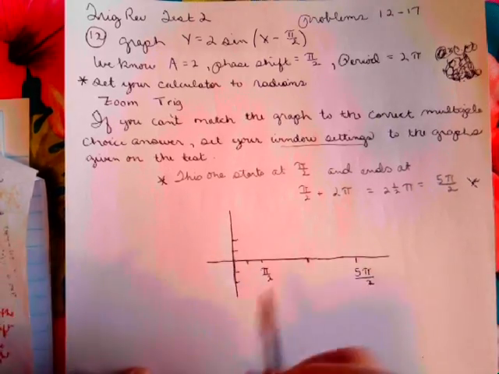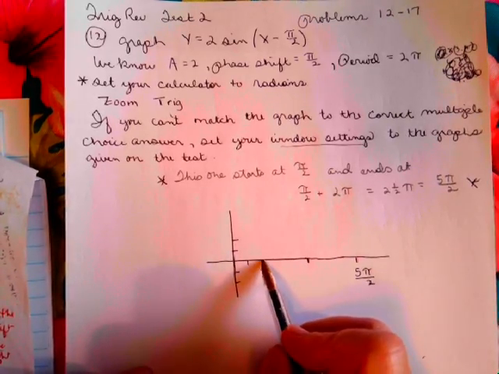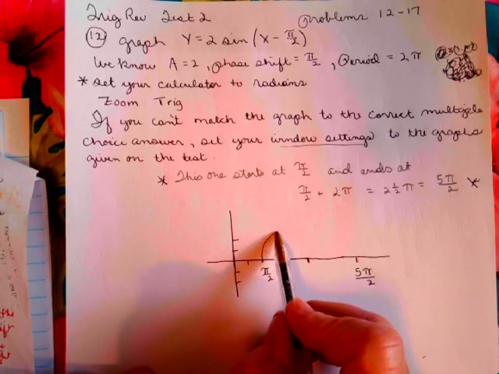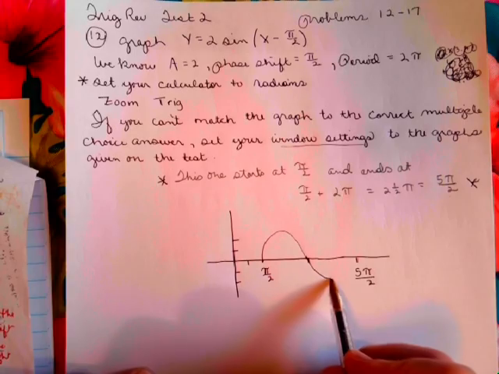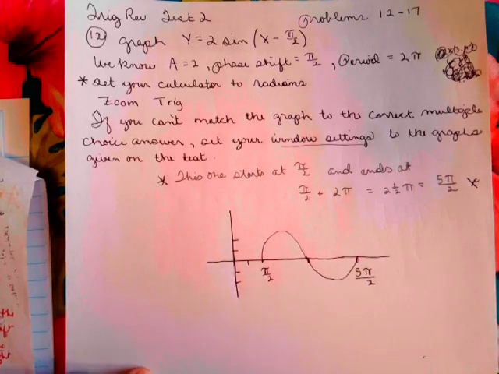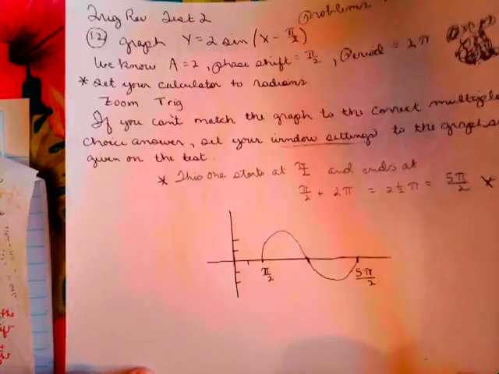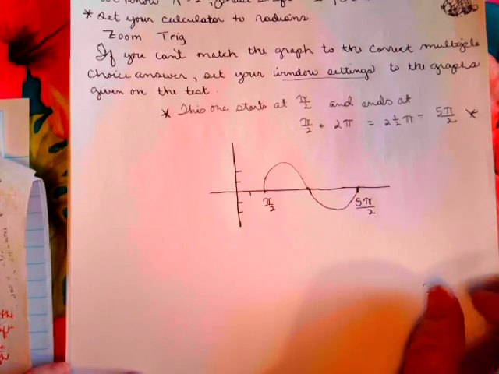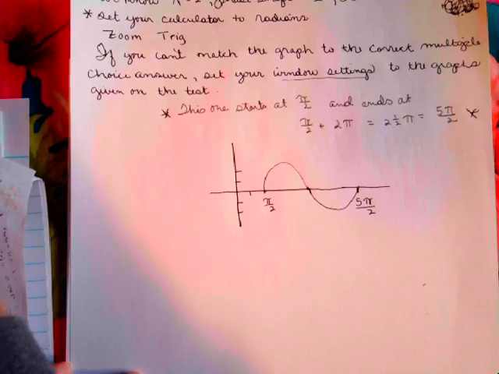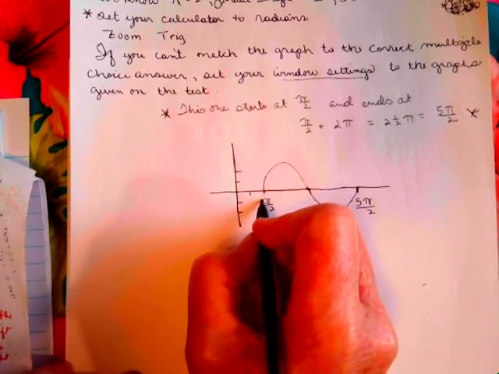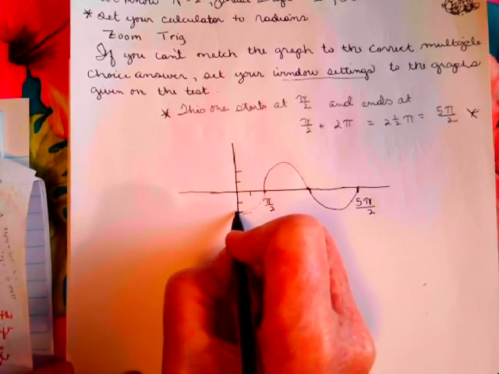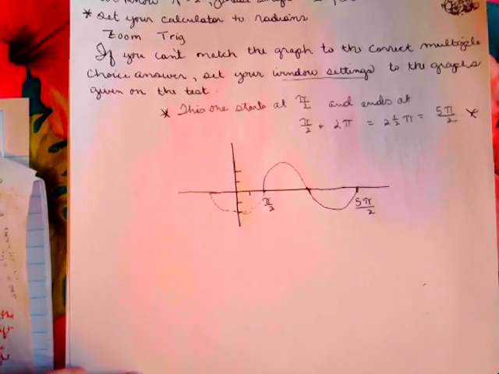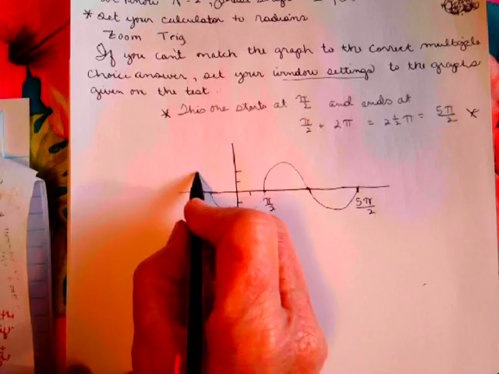It will continue on in both directions, but at this point, 5 pi over 2, you should see one complete period. I think with that much information, you should be able to choose the correct graph. And you know that this goes on in both directions. So when you're looking at your calculator, you're seeing all of this going both ways.